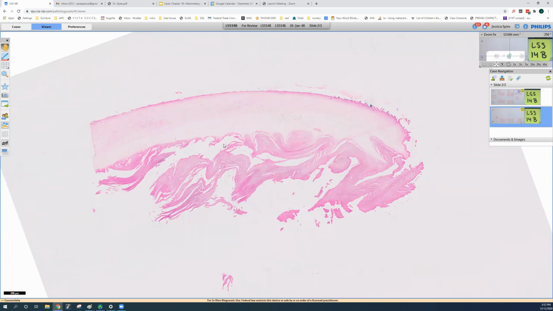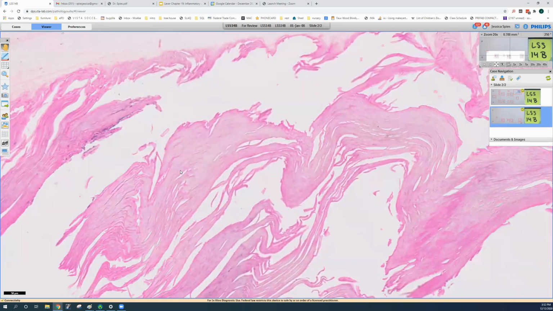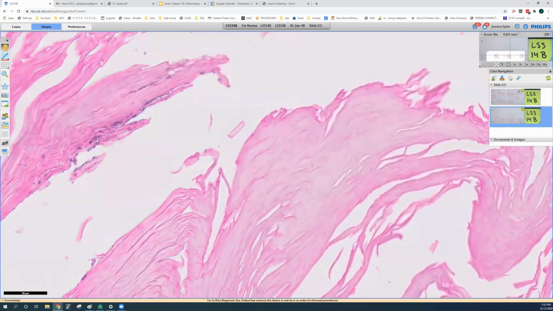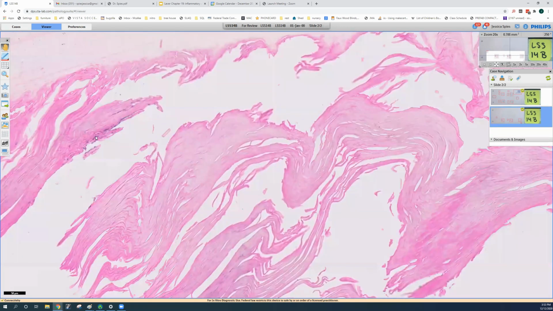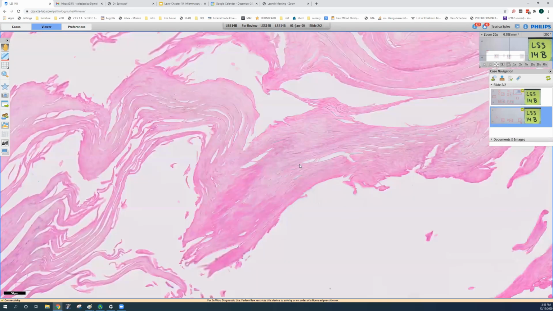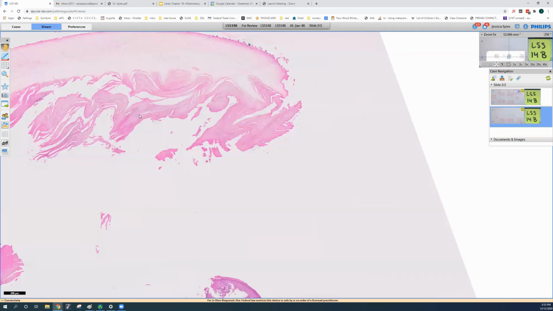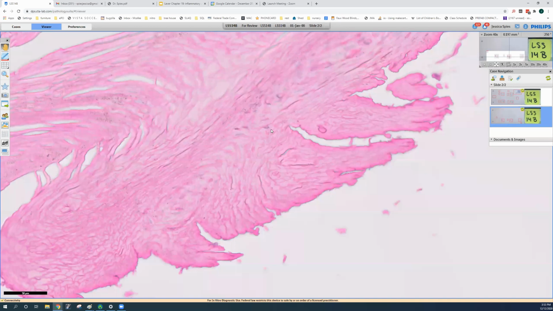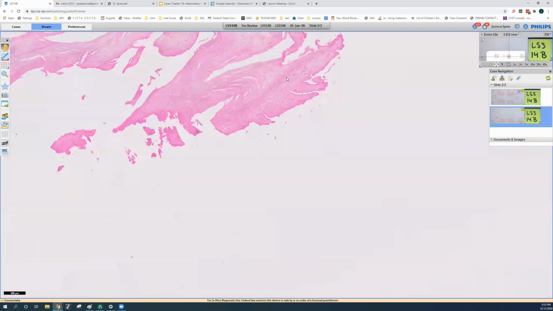Underneath the nail plate is all of this hyperkeratosis. There's even a little bit of bacteria that has colonized this area. You can see a lot of parakeratosis. These purple shapes here are parakeratotic nuclei.